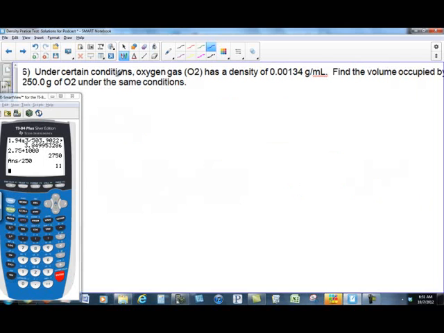Alright, under certain conditions, oxygen has a density of this. Find the volume of 250 grams of oxygen under those conditions. Okay, so we are trying to find volume, and we are given 250 grams of oxygen.